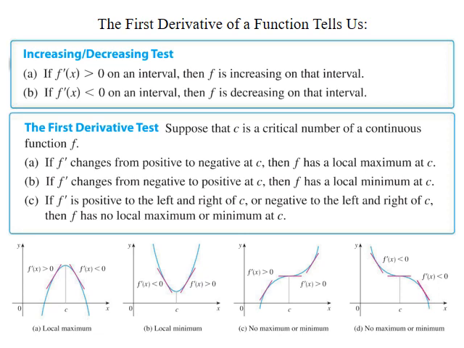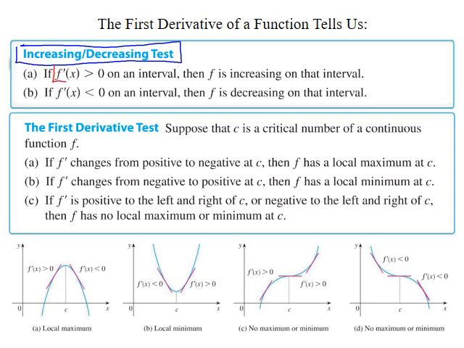All right, so when you have a function, there's a lot of things that just the first derivative can tell us besides just the tangent lines and stuff that we've done in the past. The first thing it can tell us is whether or not a function is increasing or decreasing. We kind of saw this earlier in chapter 2, but now we're going to make it a little bit more official. The way that you can tell if a function is increasing or decreasing is to look at the first derivative and see whether or not it is positive or negative.